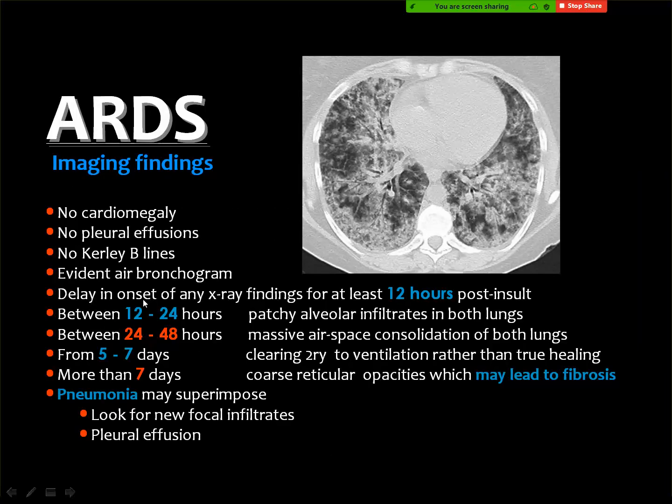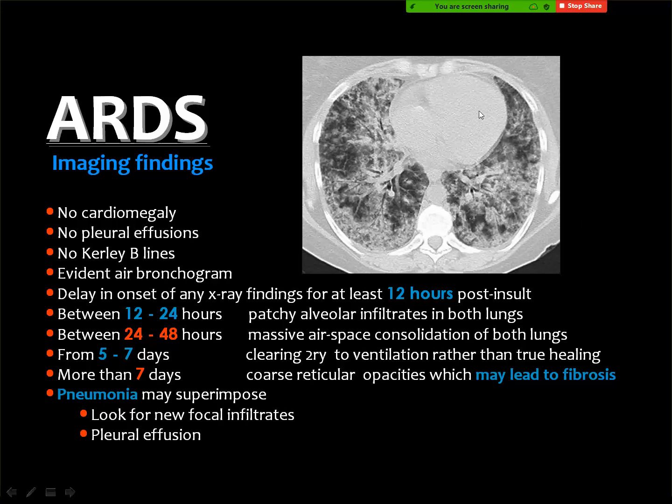Then there may be a delay of onset in the X-ray findings up to 12 hours. Between 12 and 24 hours, you got alveolar infiltrates. Within 2 days, you got massive air space consolidation. Then because the patient is on ventilation, there may be some clearance of the opacities, not because of the clearance of the disease, but because of the ventilation.